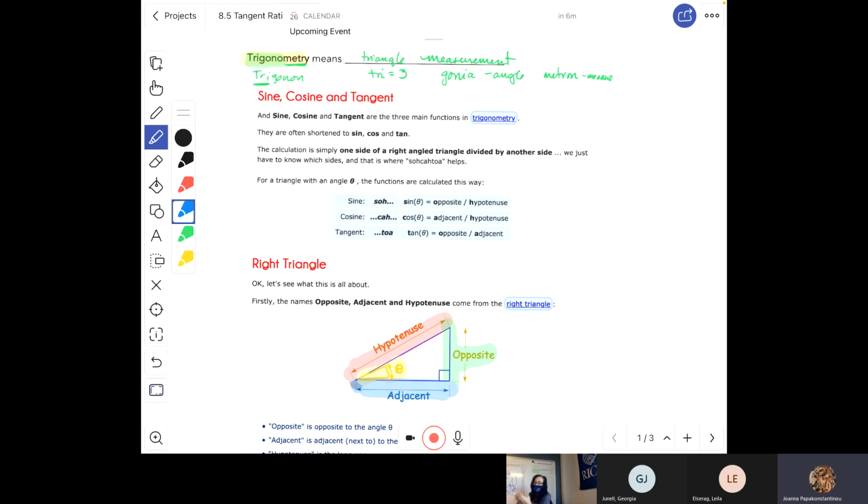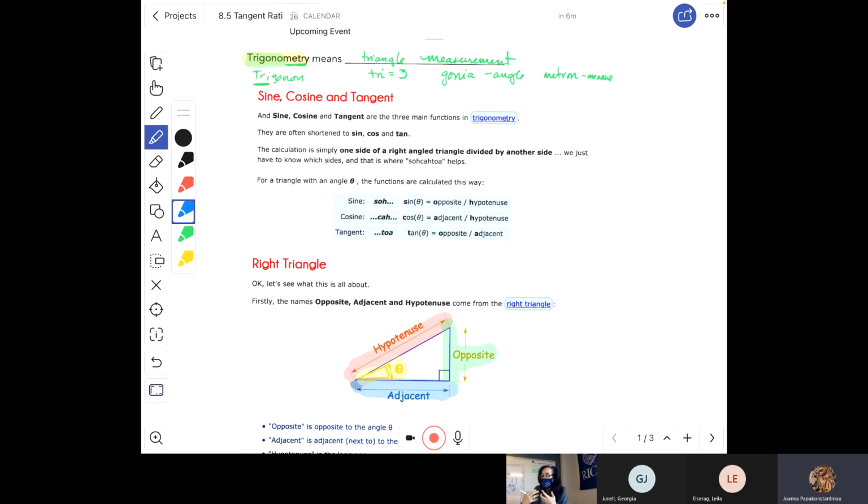By looking at that ratio, I'm going to be able to find the degree measure by just looking at the value of the length of the opposite side over the value of the length of the adjacent side. That ratio is known as tangent.